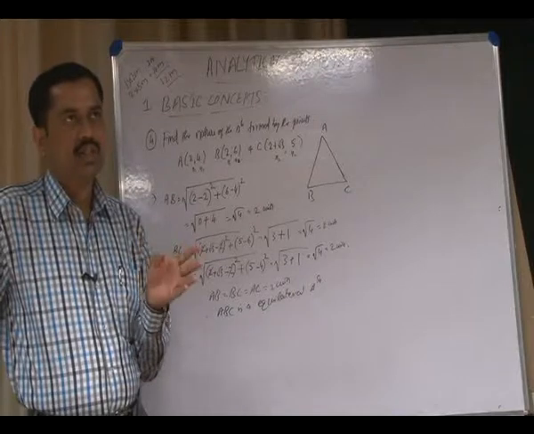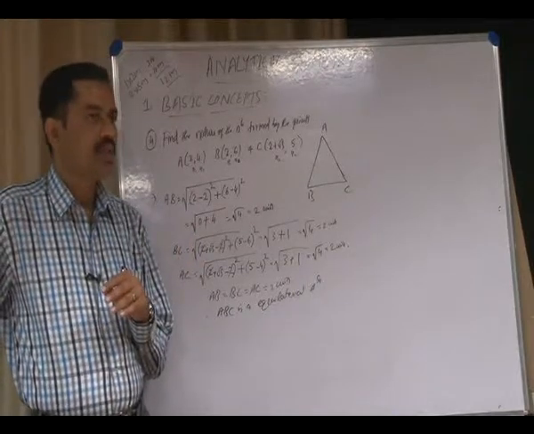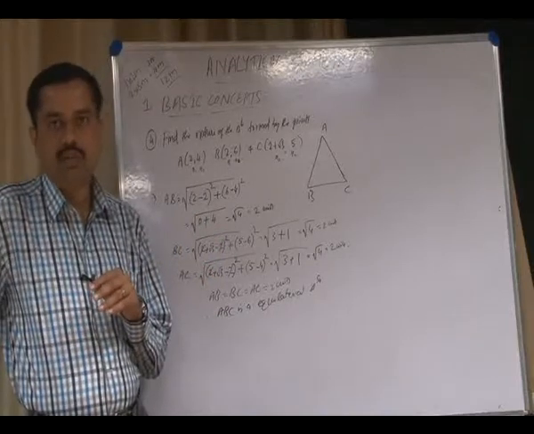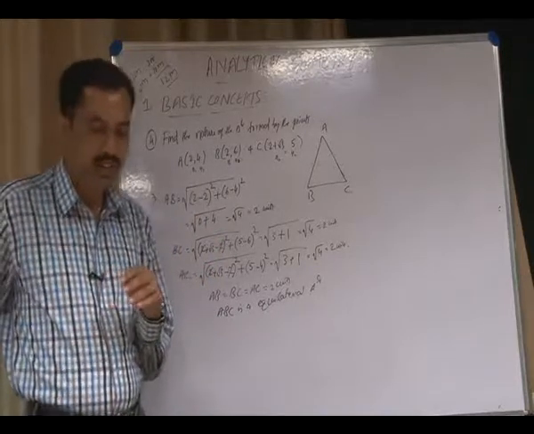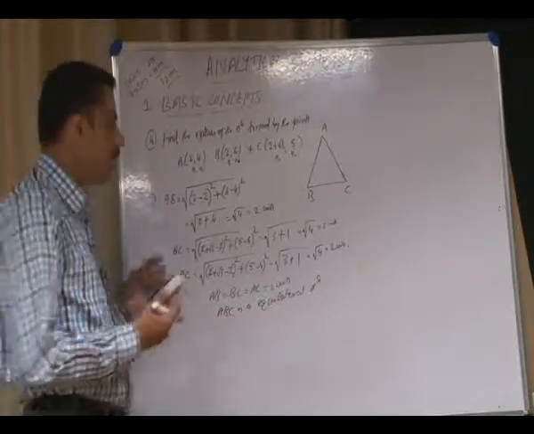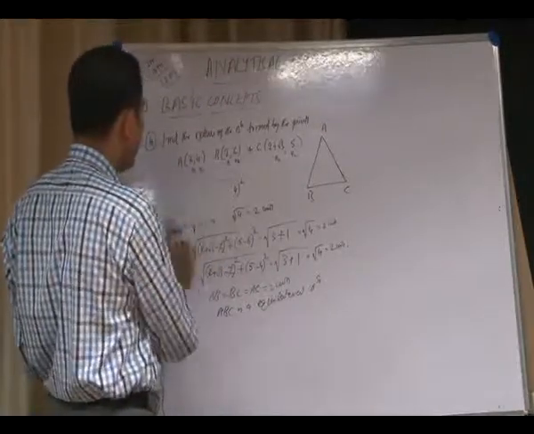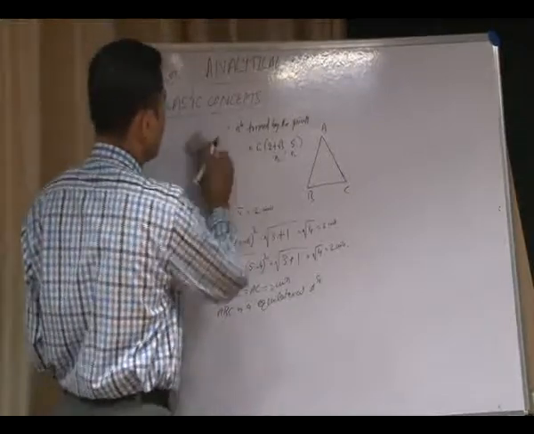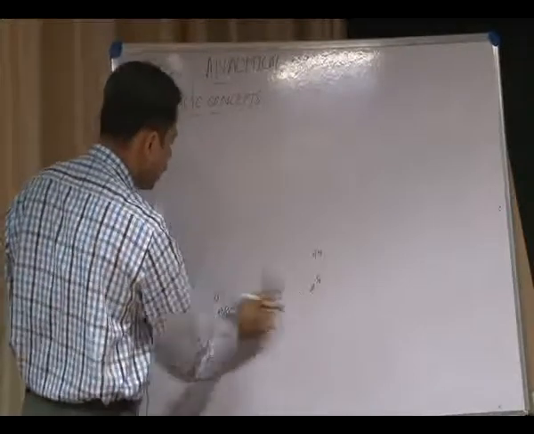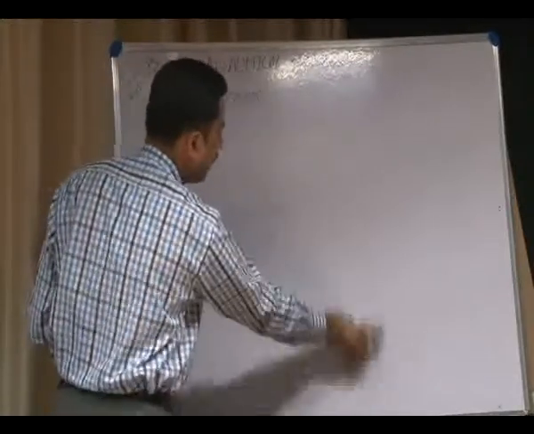So, what is the difference between these? If the points form a parallelogram, the condition to be satisfied is that in a parallelogram opposite sides are equal and the diagonals are not equal. Suppose opposite sides are equal and diagonals are also equal, then that forms a rectangle.